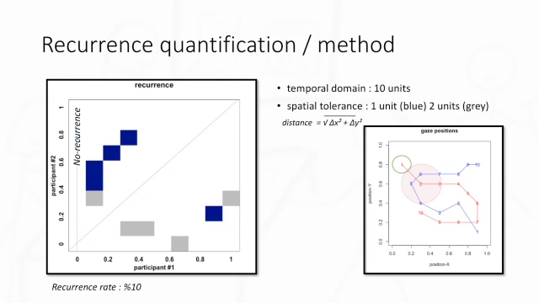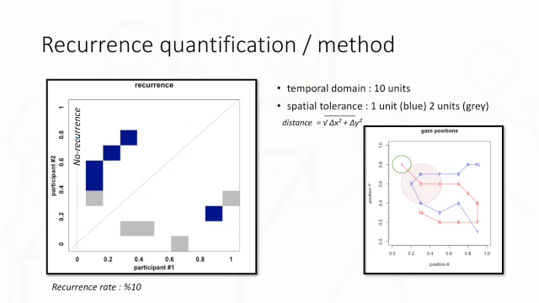However, when we iterate to the next step in the temporal domain, the first participant's gaze point matches multiple positions of the second participant. Then it becomes easier to distinguish the distance for recurrence when we use color to represent spatial relation.